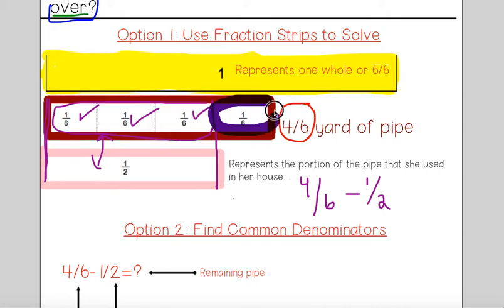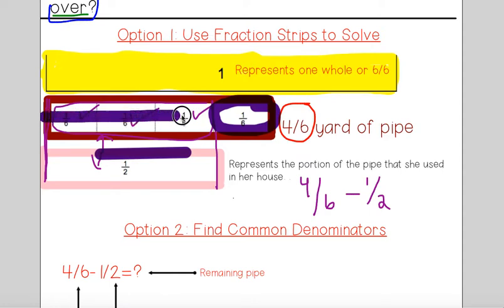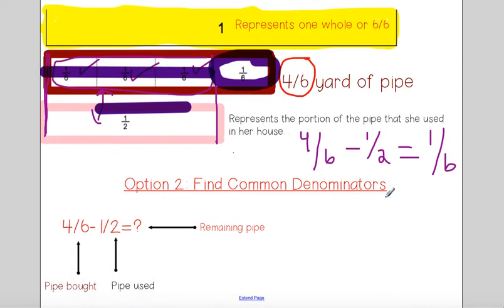I have 1/6 left over because I took 1/2, this fraction strip, away from my original pipe. So that would be 4/6 minus 1/2 equals 1/6 if you're using fraction strips.